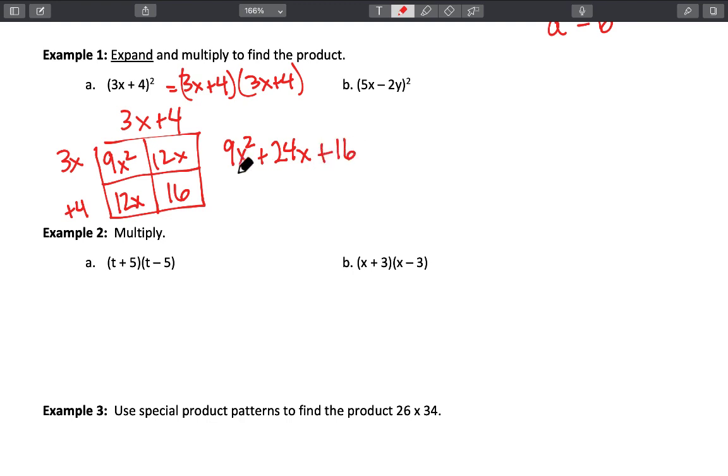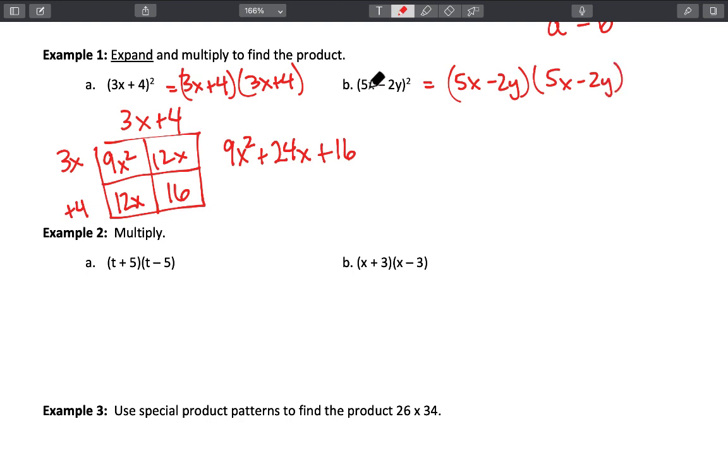Hopefully you can start to see that this is the first term squared, 9x squared, then 2 times the product of 3x and 4, and then plus the last term squared. Let's try that same pattern, but now we'll jump right to the end result. We have the difference of two squares, so when we expand, we'll have 5x minus 2y times 5x minus 2y.